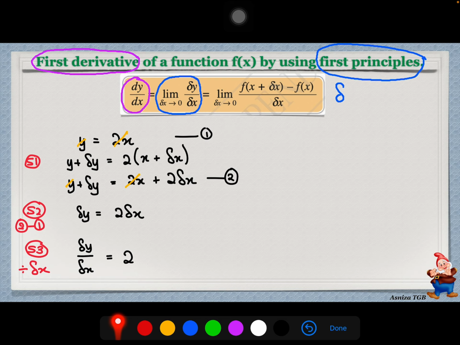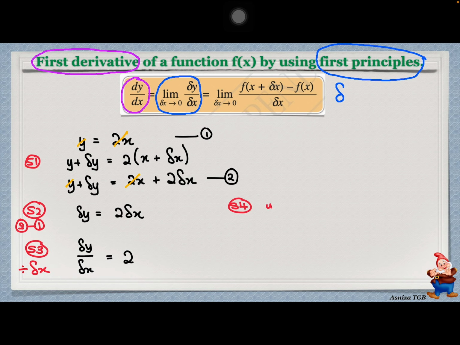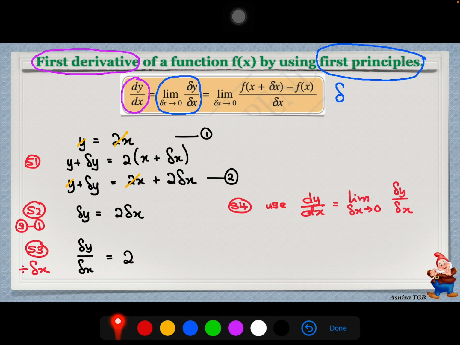Finally, the last step, we can find dy/dx using the theorem, that dy/dx is the limit as delta x approaches 0 of delta y over delta x.